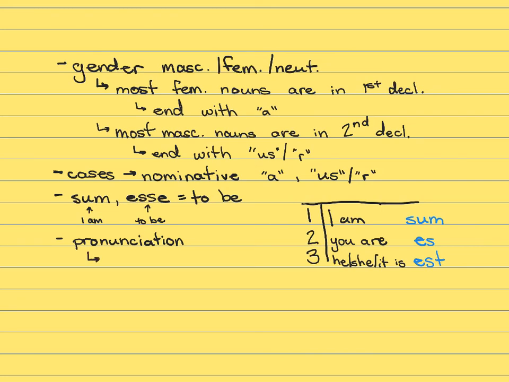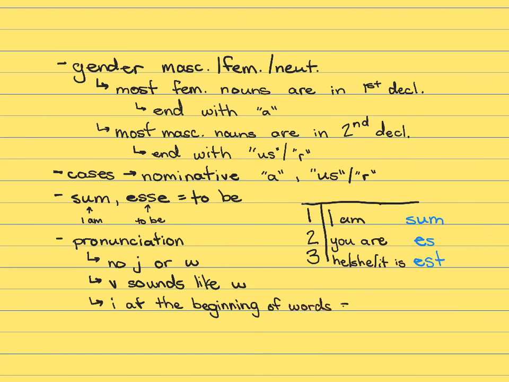So remember that the alphabet has no J or W. V sounds like W. And I, at the beginning of words, sounds like a Y, a Y sound.